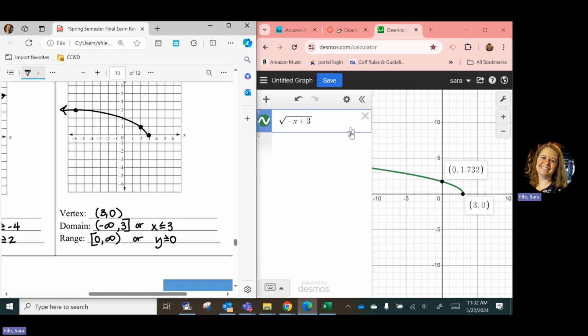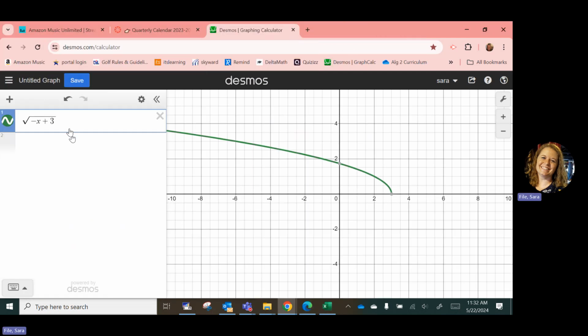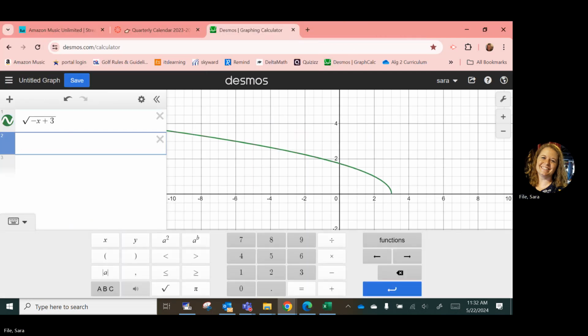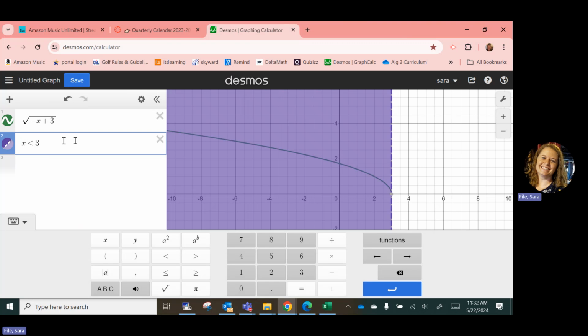A trick that somebody told me about, let me double check in Desmos that this works, is, let's see if it will highlight. If you have a multiple choice question and one of the choices is x is less than or equal to 3, you can type in x is less than 3 and it will highlight it for you.